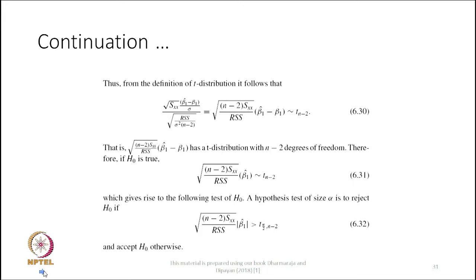That is what we have done. Here we have a two-sided test, therefore, your critical regions are on both sides of the t distribution.